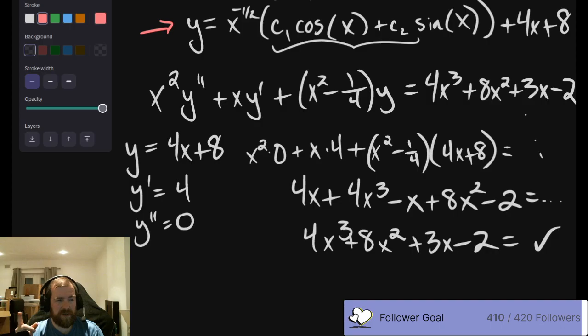In this particular case, for the homogeneous solution only, c1 x to the negative 1/2 cosine x and c2 x to the negative 1/2 sine x are going to be two separate solutions which we could do independently.